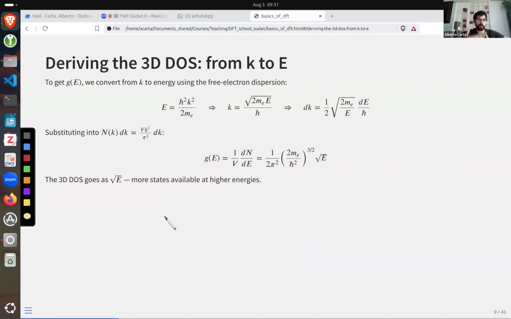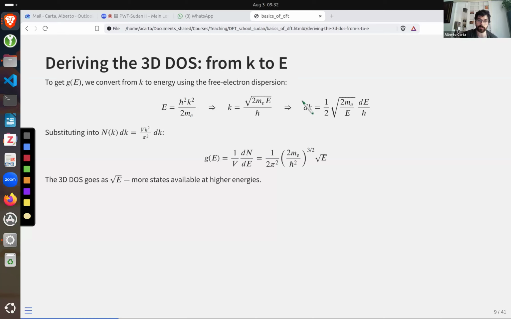To get to the density of states, we now need to convert from k to the energy. We had the formula from before with the expression of the energy, and then we can extract k. We move the factors to the left and take the square root in order to get the k vector in terms of the energy.